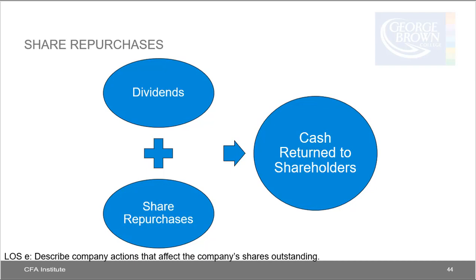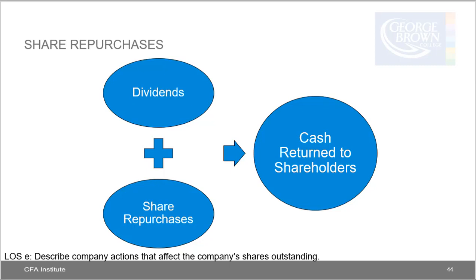To buy back shares, a company can buy shares on the open market just like any other investor, or it can make a formal offer for a repurchase directly to the shareholders. For an existing investor who does not sell the shares, the decrease in the number of shares outstanding effectively increases that investor's ownership percentage.